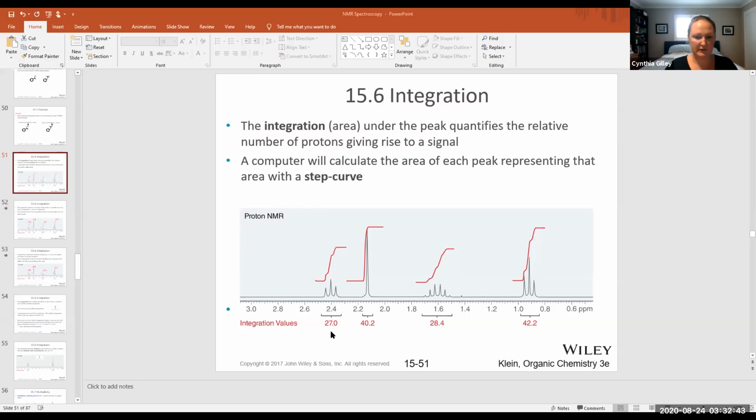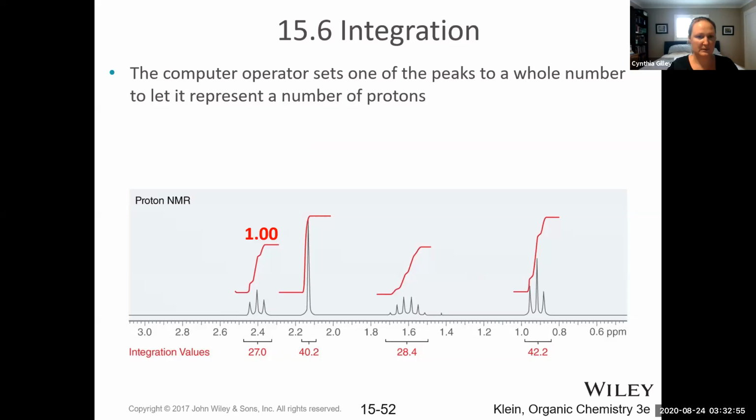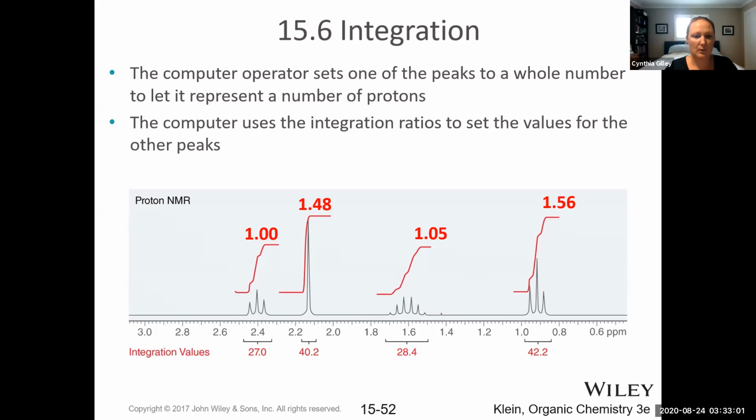So divide all of the numbers by 27, and you get 1 to 1.48 to 1.05 to 1.56.